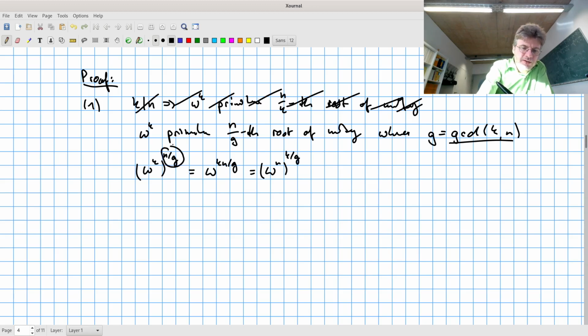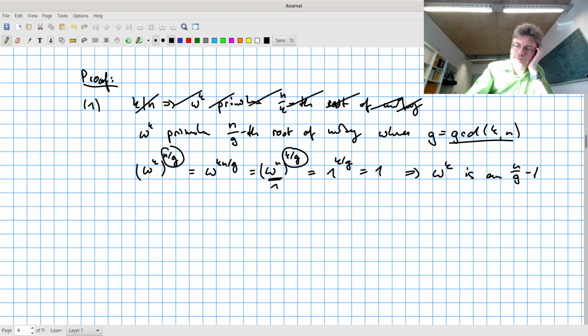This is an integer, and this is also an integer, so I'm not cheating here with things that have no meaning. But this one is 1, so this is 1 to the k over g, and this is 1. So this means omega to the k is an n over g's root of unity.